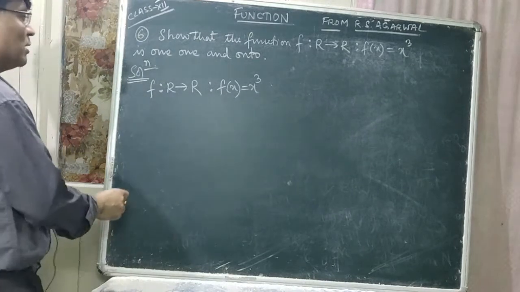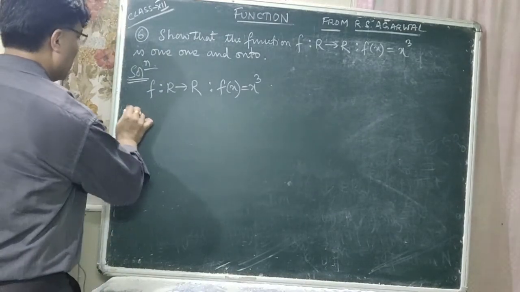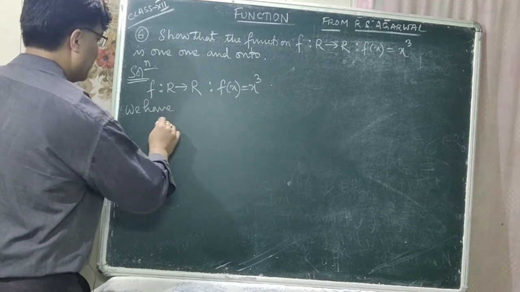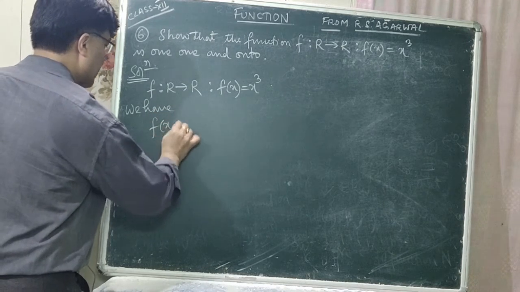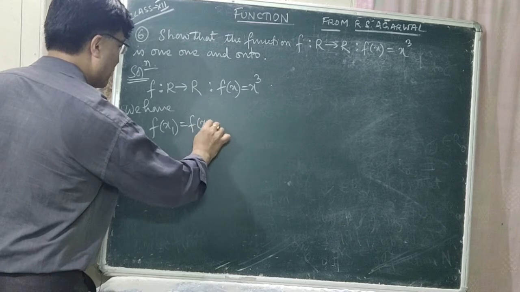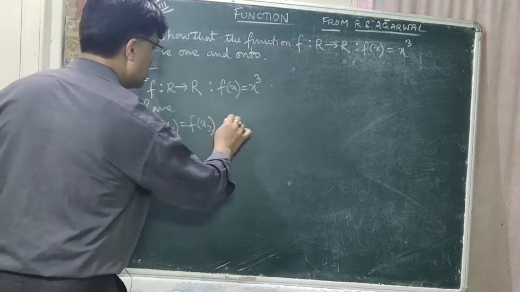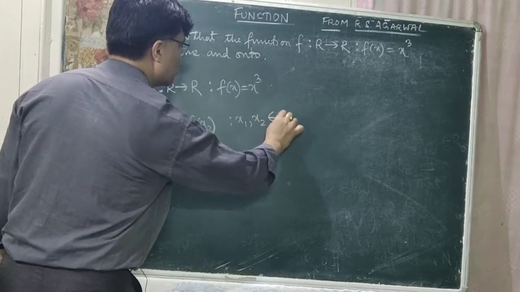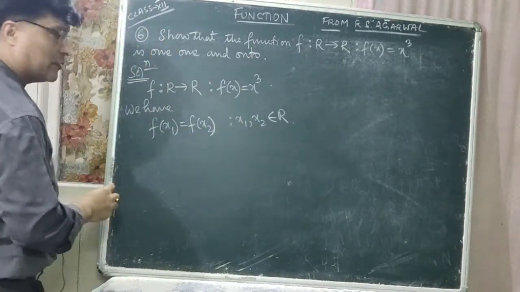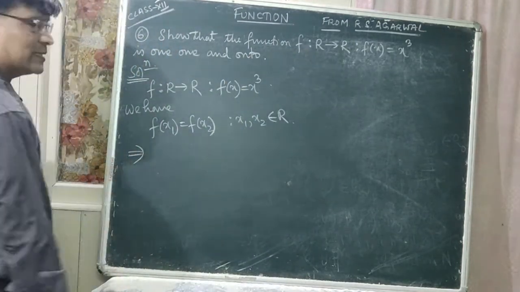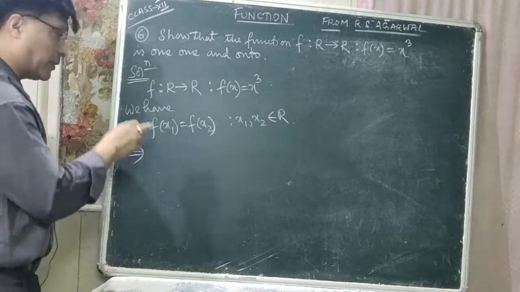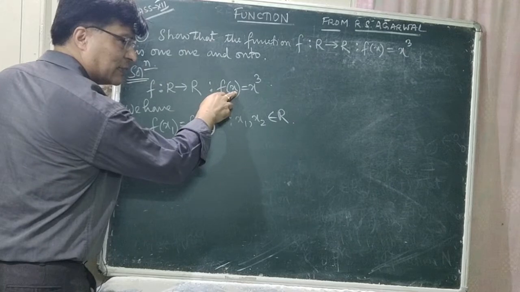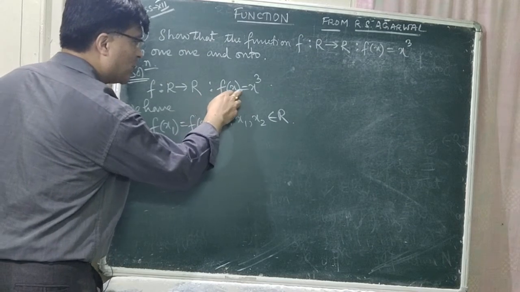So now let us write here, we have f of x1 is equal to f of x2. Both these x1, x2 belong to the domain R, right? Which implies that, in this case, instead of x, if you write x1, what is the value for f of x1?